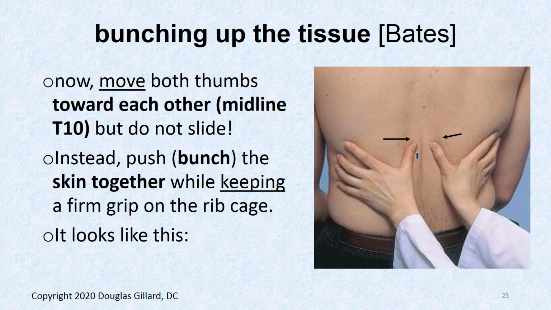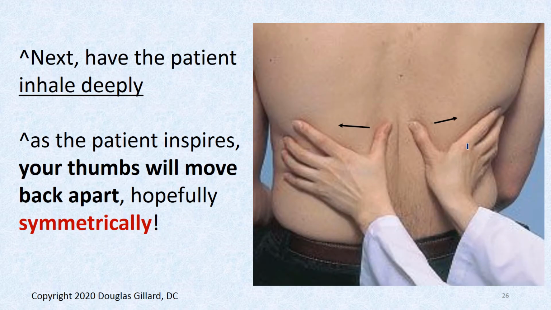Now you have the patient take a deep breath in, and you watch the thumbs as they go apart. Normally the right and the left thumb should symmetrically move apart during inspiration and move back together during expiration. That's the test. There's no measuring. You don't do it up higher either. This is the test.